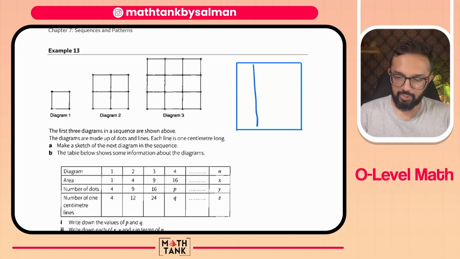Okay, so that's going to be 1, 2, 3, and 4.